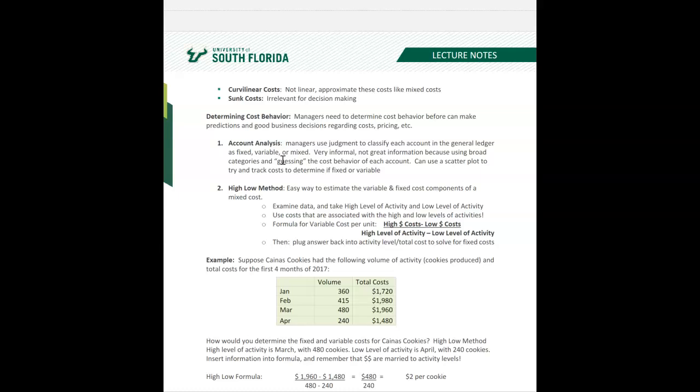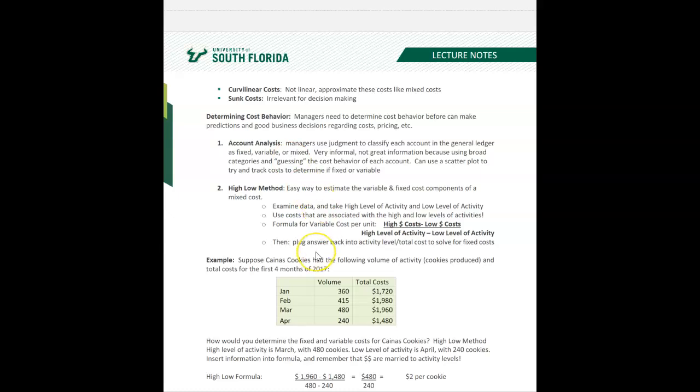So you literally go down a trial balance and you pick out which costs would be fixed, variable, or mixed, and then take it apart into its cost function. It's very informal. It's not great information because we use broad categories and you guess at the behavior. You can use a scatter plot to try and track costs to determine if they're fixed or variable, but this is one way to do it.